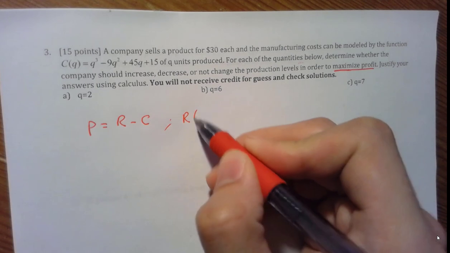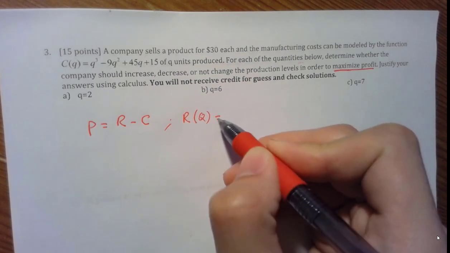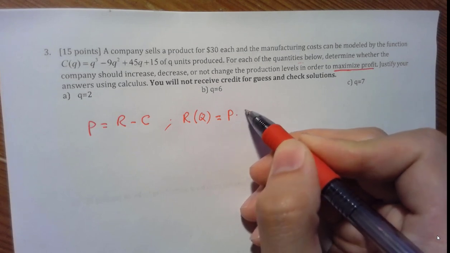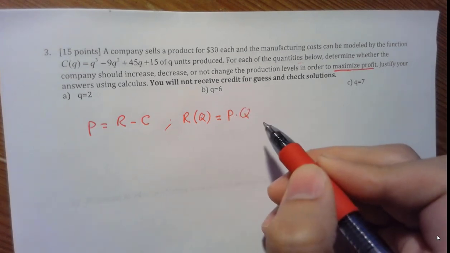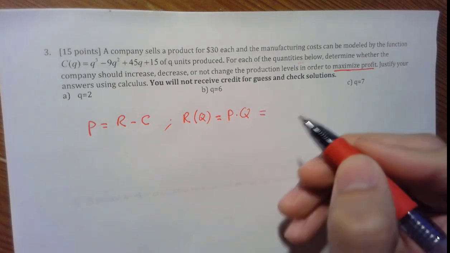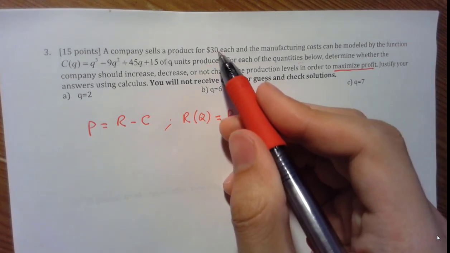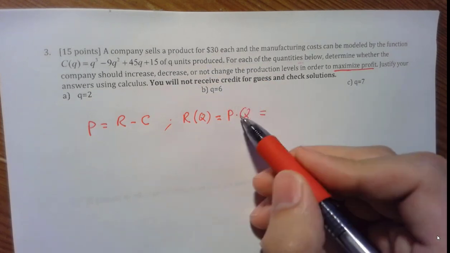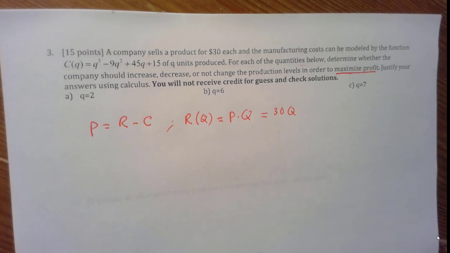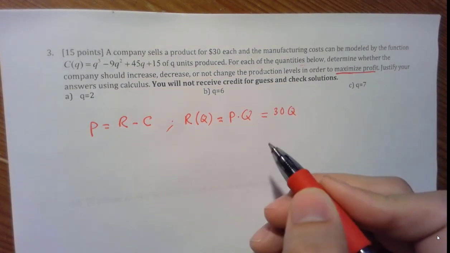The revenue function for any Q products is the price times Q, PQ. The price times the quantity is the revenue. We know that each product is sold at $30, so the revenue should be 30Q.